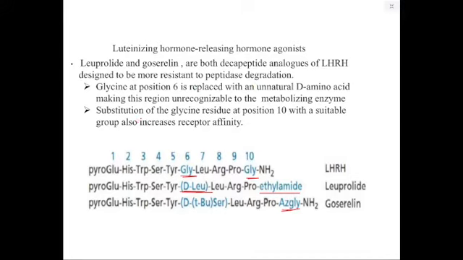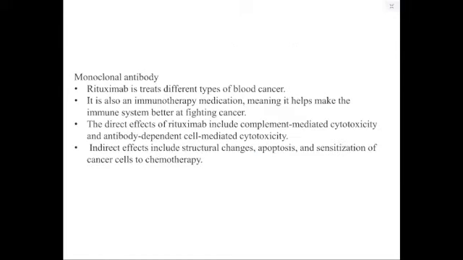Also, substitution of the glycine residue at position number 10 with a suitable group increases receptor affinity. So you have both increased receptor affinity and decreased metabolism. That molecule has a much better activity at the receptor, overstimulates the receptor, results in receptor apathy, and therefore no activity.